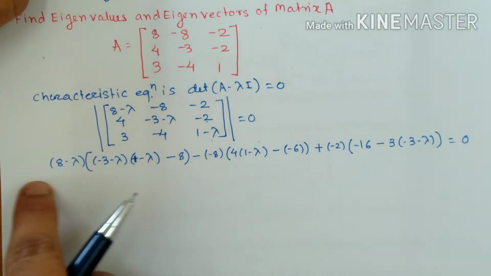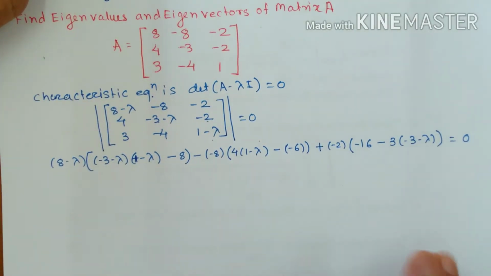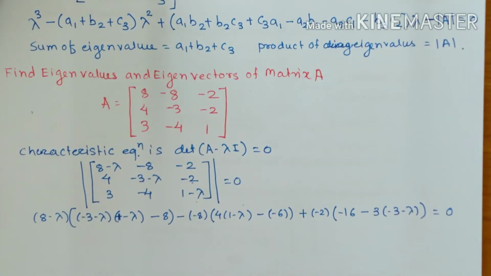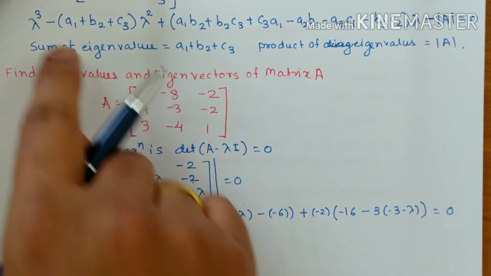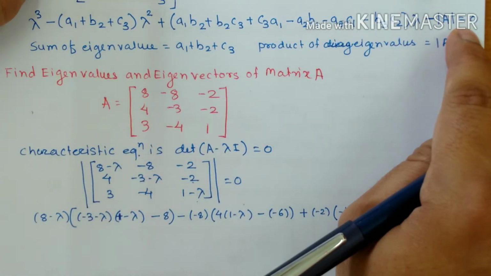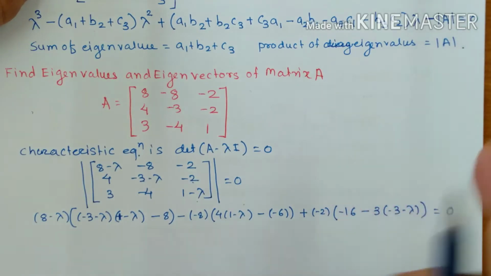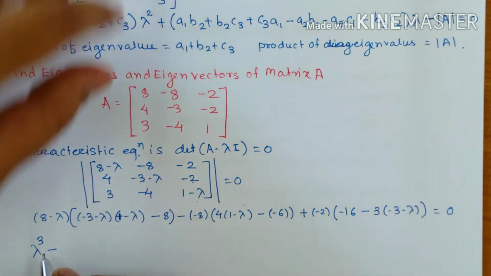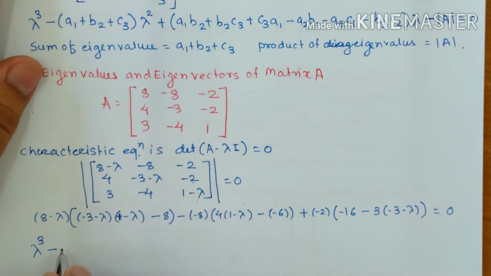Now simplifying all these terms will take much time. Hence, to get the final value of the characteristic equation, we follow this rule. This is a shortcut rule for a 3 by 3 matrix only. So we can write directly the first term lambda cube minus (a1 plus b2 plus c3, that means the addition of the diagonal elements).